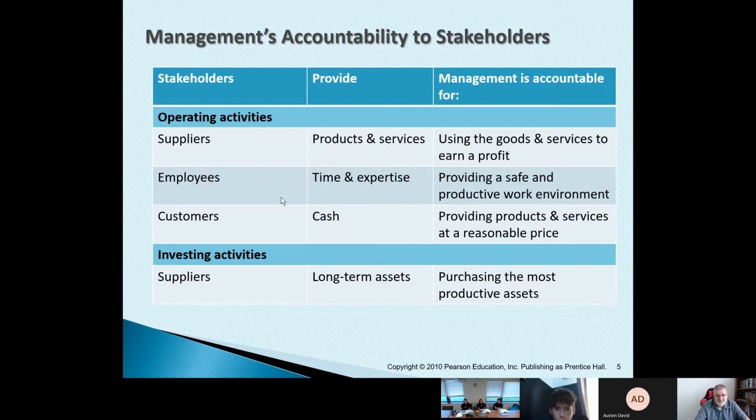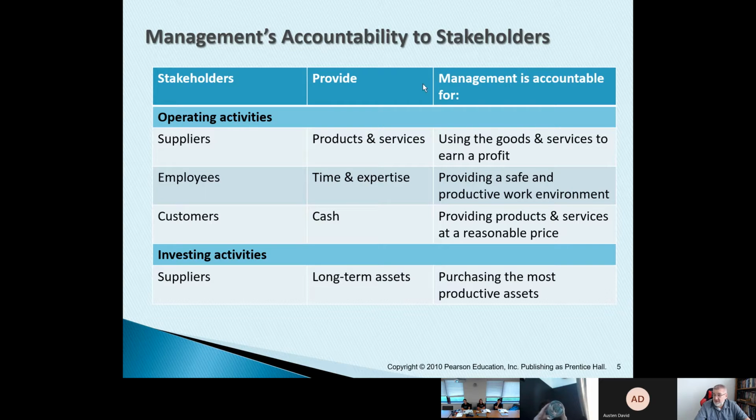Okay. This basically is the same information as that last slide. It's just kind of done in a different format, and I've tried to do that on a number of slides we do. But so for our suppliers, we're providing a product or a service, and using the goods and service to earn a profit. So management's accountable to our suppliers to pay our bills and to use the goods and services they're providing us.